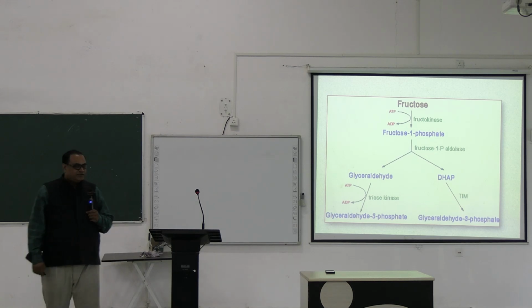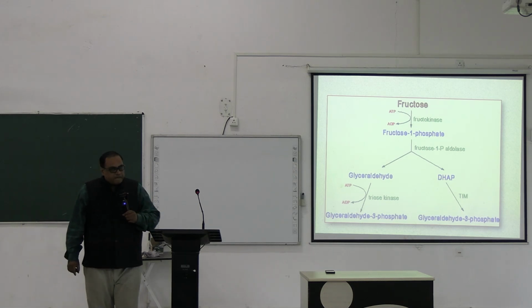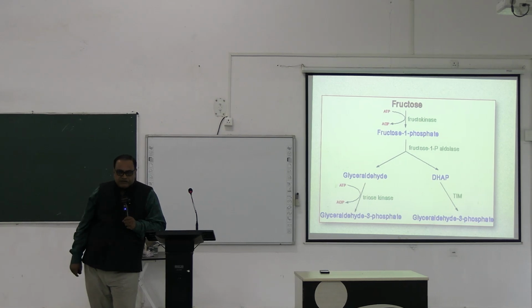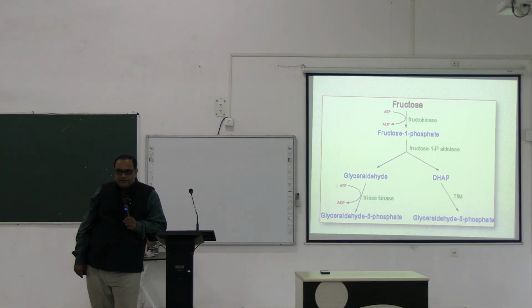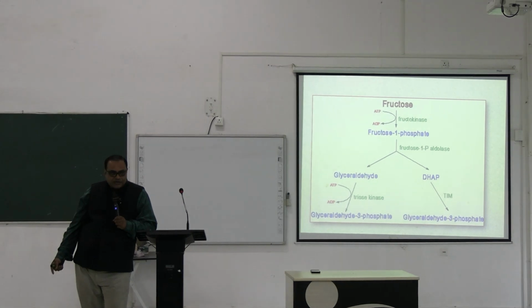So the fructose goes to the liver first. Fructose metabolism is very, very important. In the liver, it has 2 options. 1, the major pathway. 2, the minor pathway. What is the minor pathway? Hexokinase.